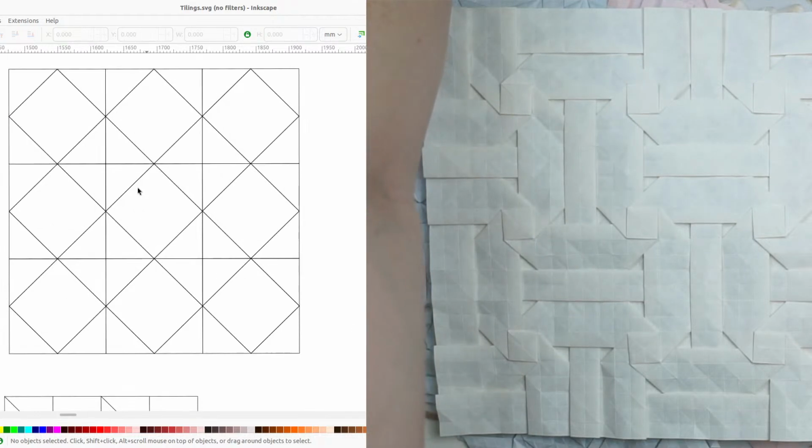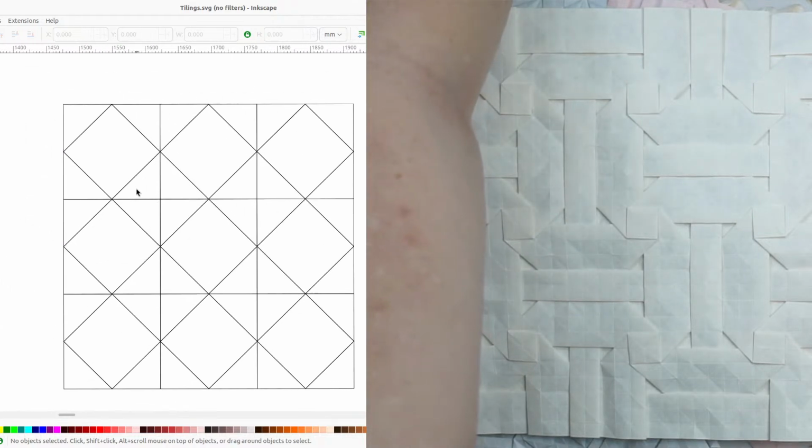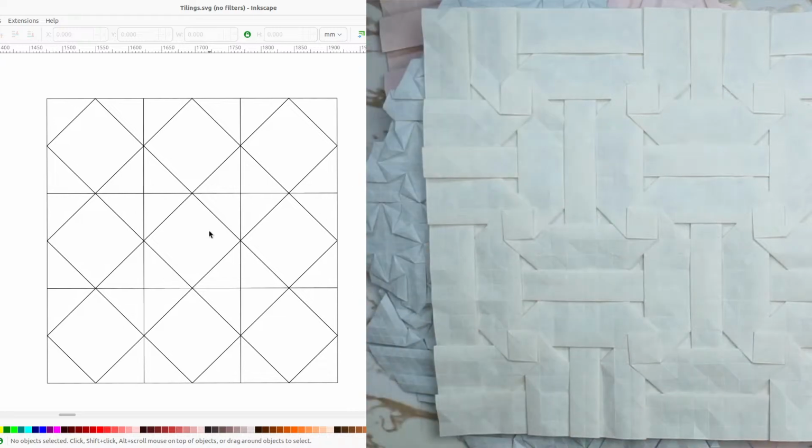And we can see that in this tiling, where the pleat that crosses this top edge of the right triangle is going to be the vertical pleat going to another right triangle. The pleat that crosses the right edge is going to be a horizontal pleat going to another right triangle. The diagonal is going into a square.